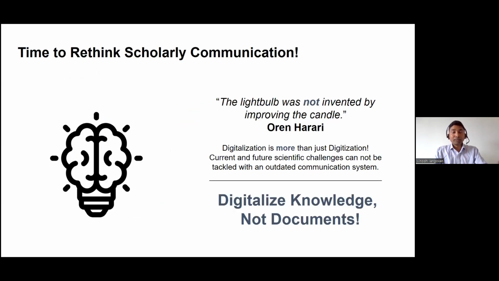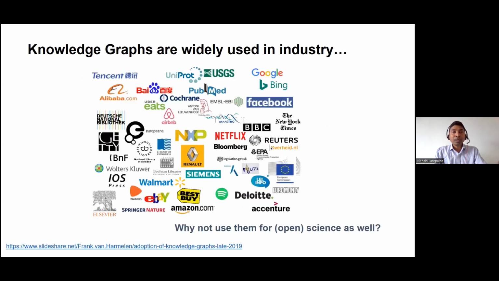Hence, it is time to rethink scholarly communication, taking an analogy from Oren Harari's quote that the light bulb was not invented by improving the candle. That is why we should not be improving more and more PDF documents. We should be improving how we can digitalize knowledge and not just documents.